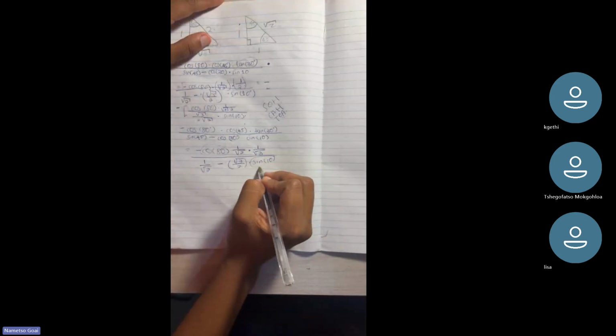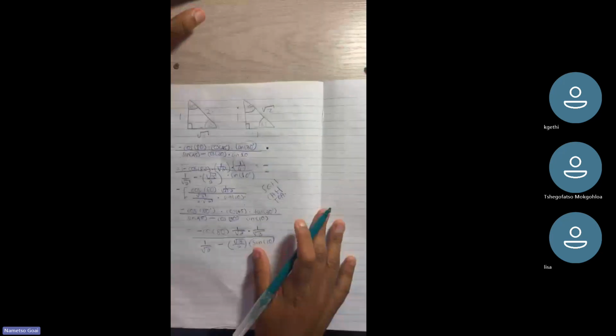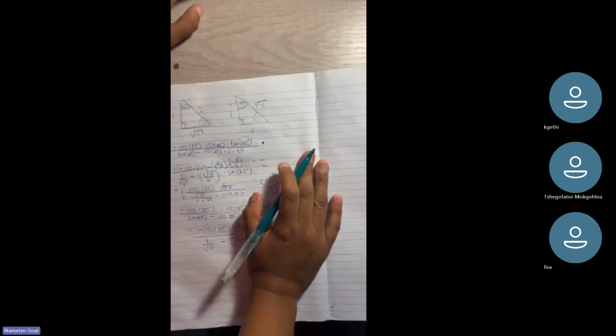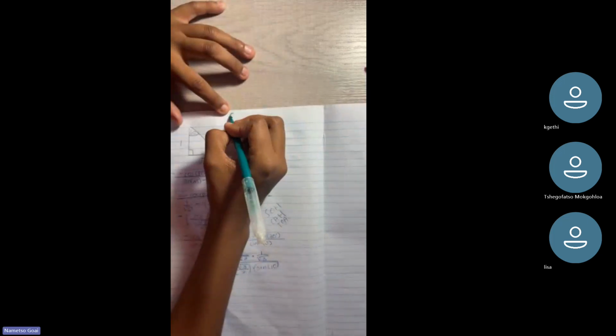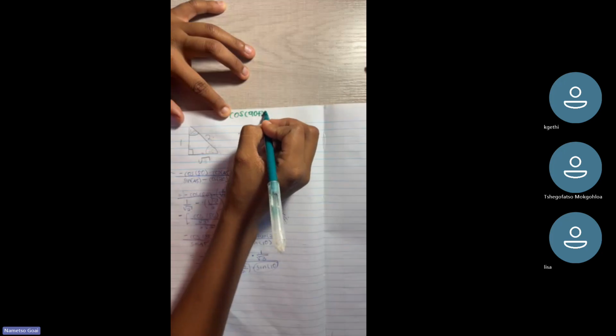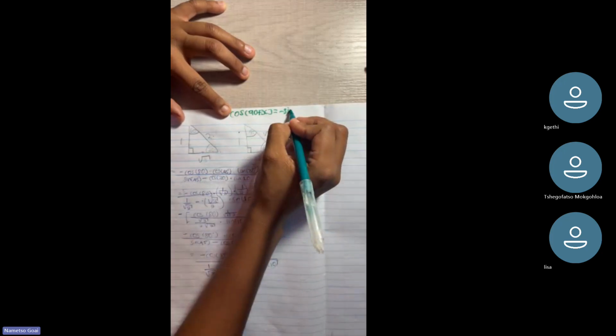Fine. Now we have cos 80 and sine 10. Remember, we were looking at complementary angles, right? We said cos of 90 plus x gives you negative sine x.